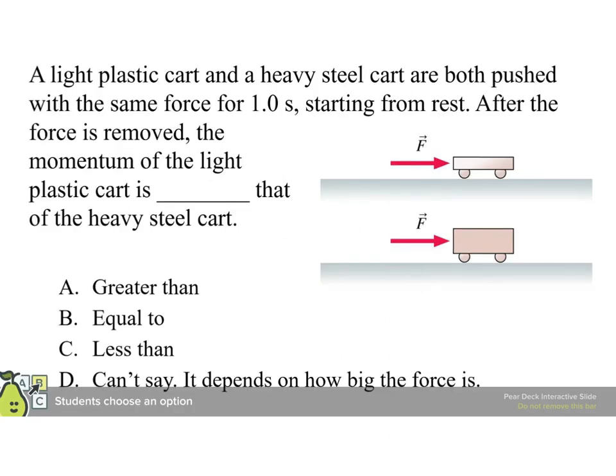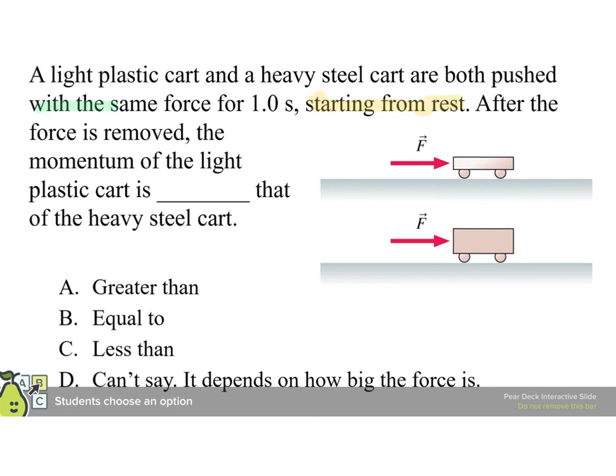A light plastic cart and a heavy steel cart are both pushed with the same force for 1 second, starting from rest. After the force is removed, the momentum of the plastic cart compares how to that of the steel cart? Is it greater than, equal to, or less than? Let's get the important stuff out. Starting from rest. What does that mean? No initial momentum.